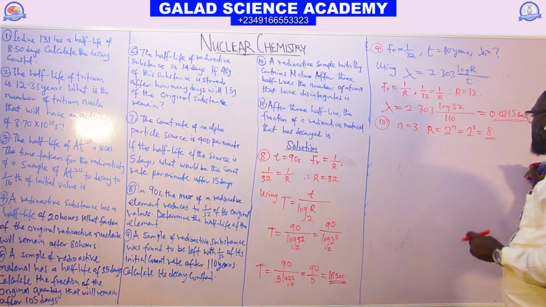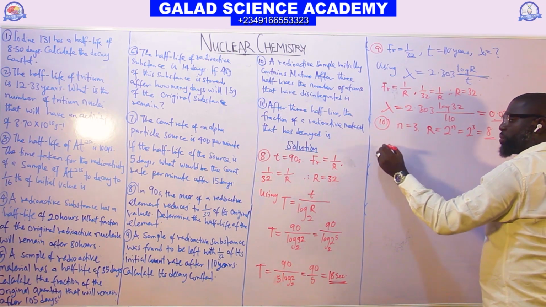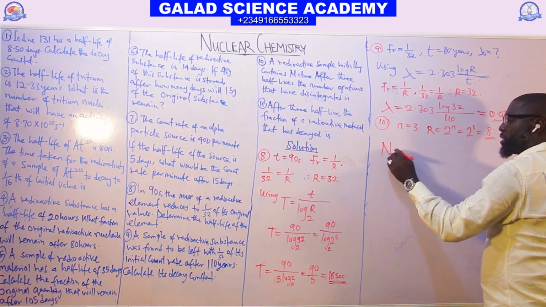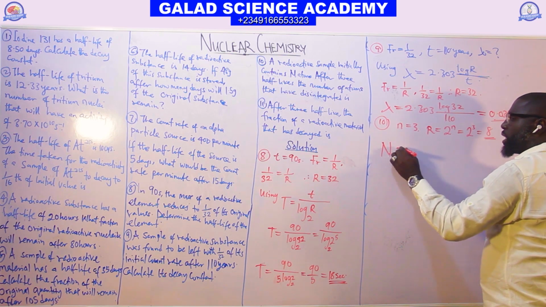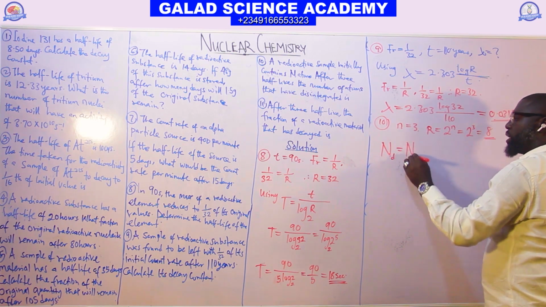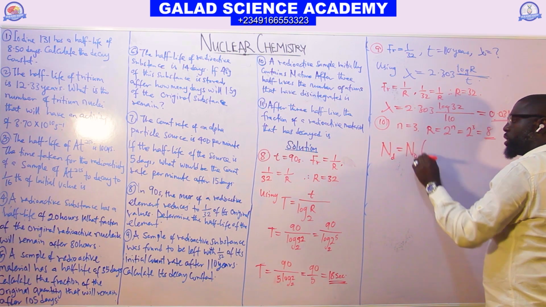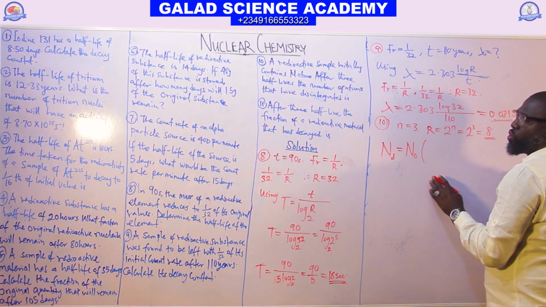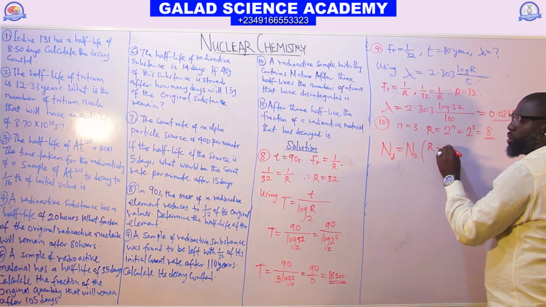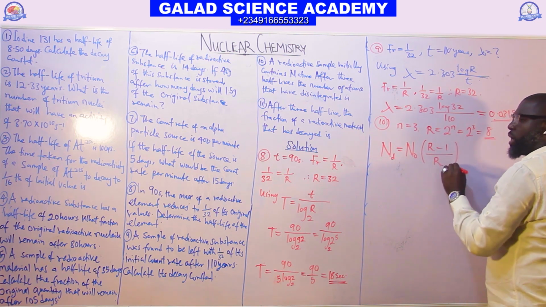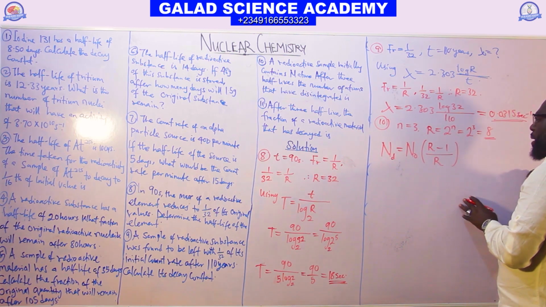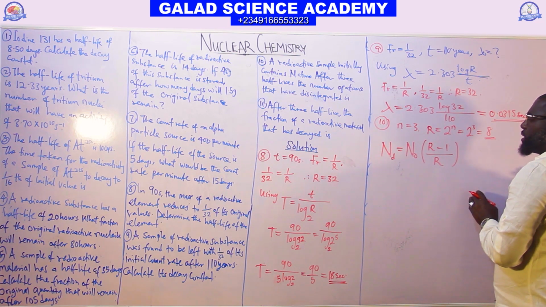If you are asked such a question, apply this formula to solve it: decay will be the initial one into R minus 1 over R.